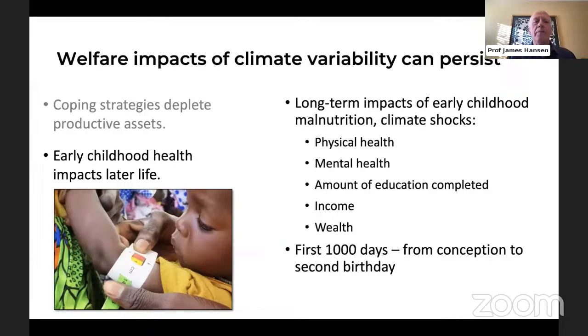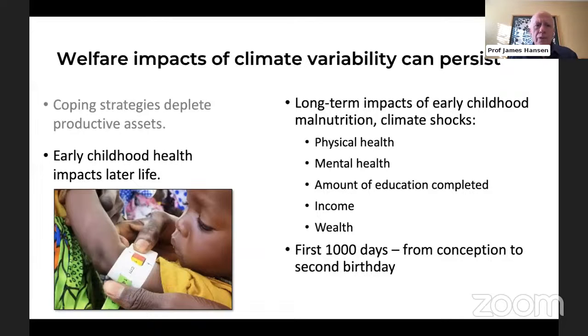A second mechanism is health impacts. So people that work on food security often refer to the first 1,000 days of life from conception until the second birthday.